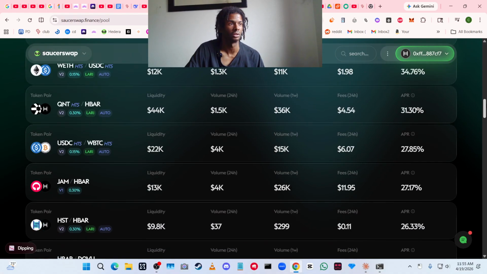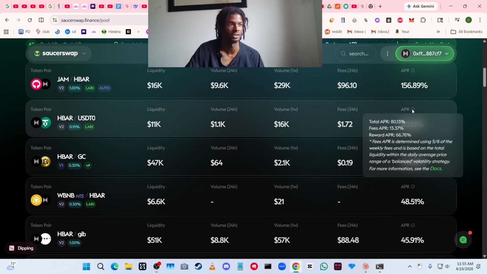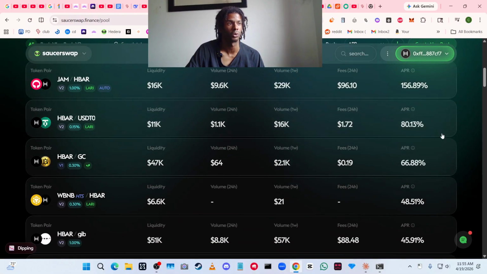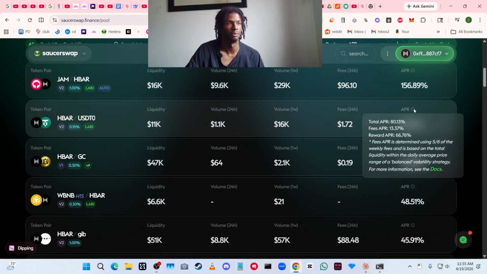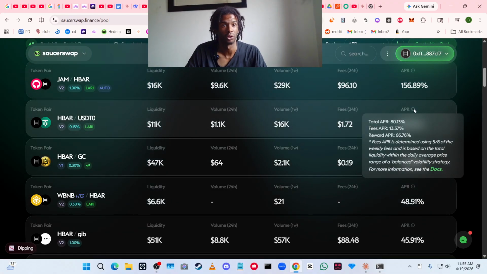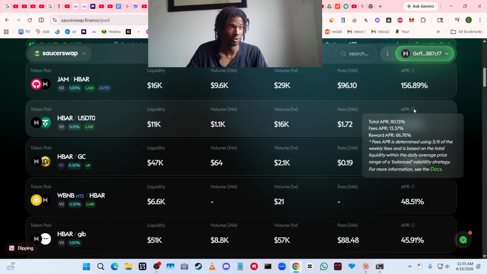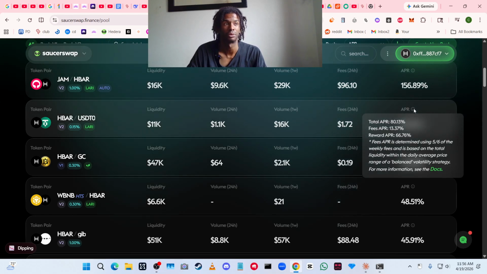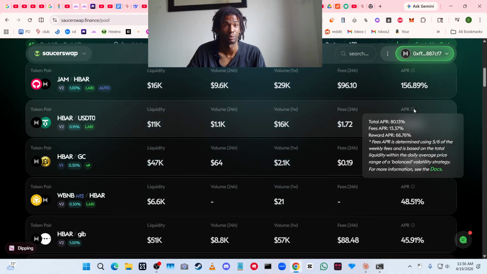Also you can see on this one that I'm invested in, the total APR is 80%, but the fees are 13%. So 13% of what I'm getting is fees, and then 66% is rewards.